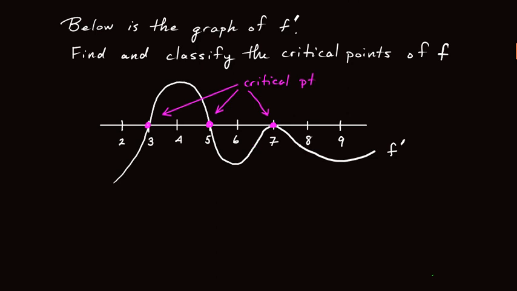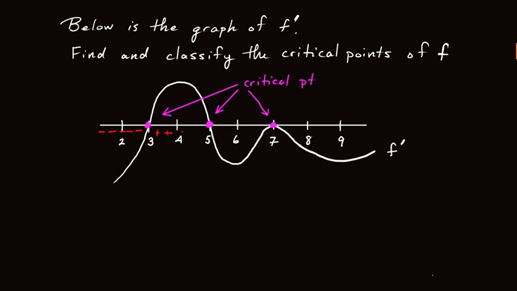So for the first critical point at 3, I check the derivative to the left and to the right. That's the first derivative test. To the left, the derivative is negative because the graph of the derivative is below the x-axis. So I start with negative. And then to the right of 3, my critical point, f prime is now positive because the graph of f prime is above the x-axis.